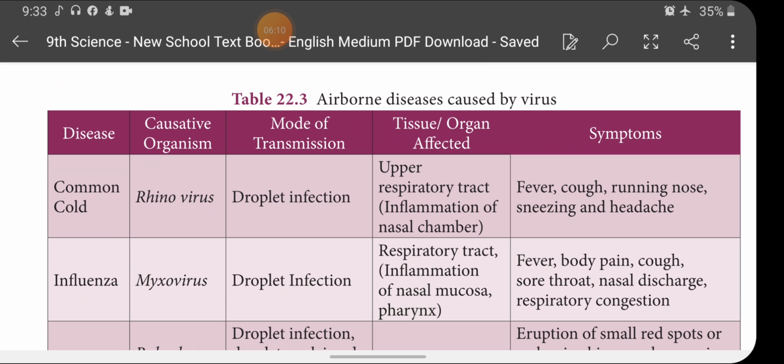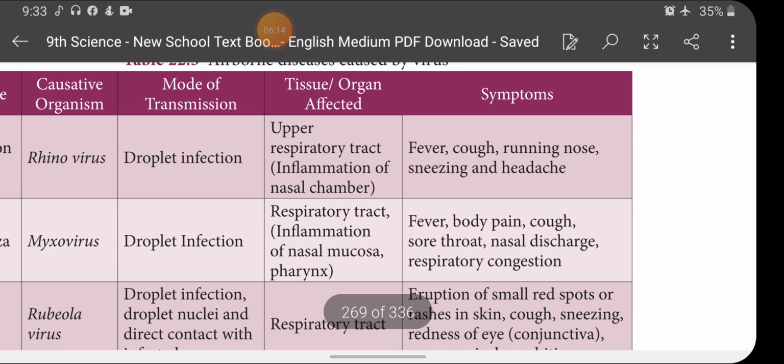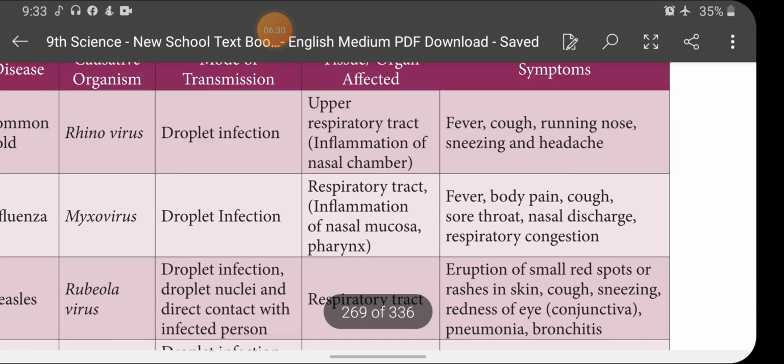This is called droplet infection. Which organs are affected in our body? The upper respiratory tract, that is inflammation of the nasal chamber. Symptoms: fever, cough, running nose, sneezing and headache.